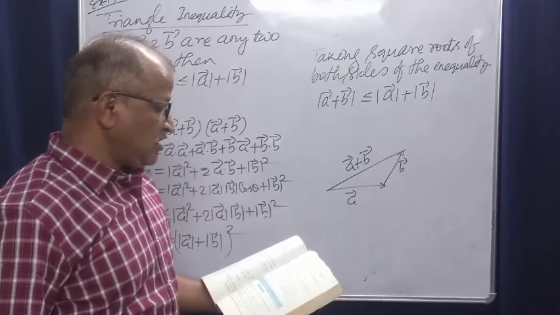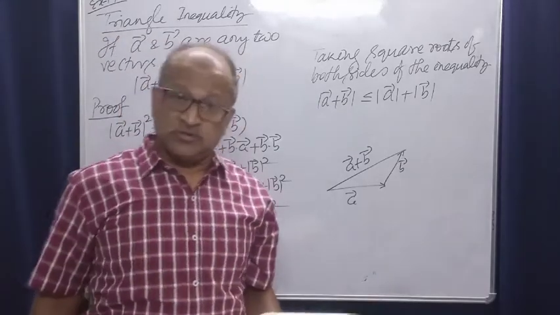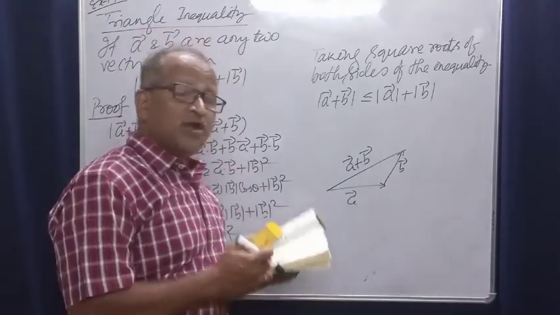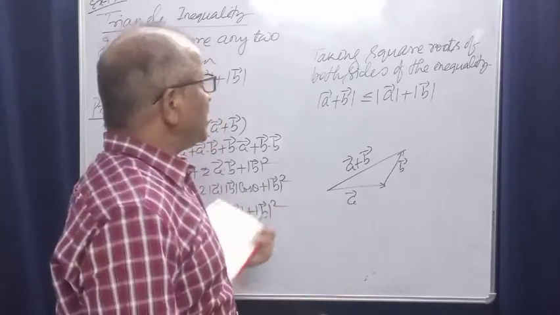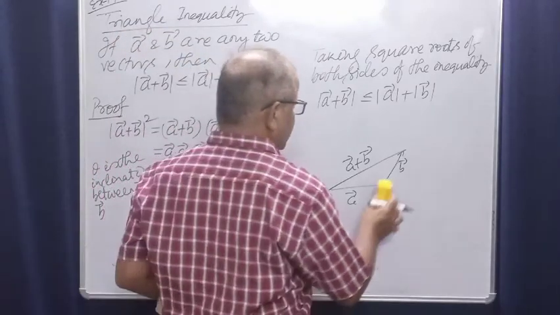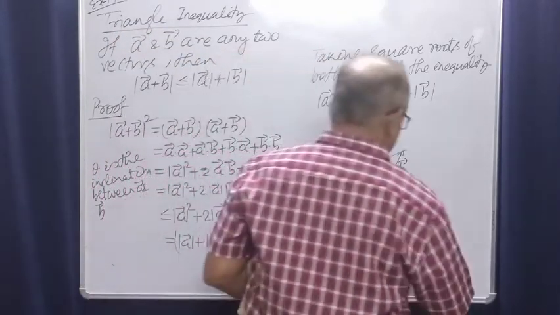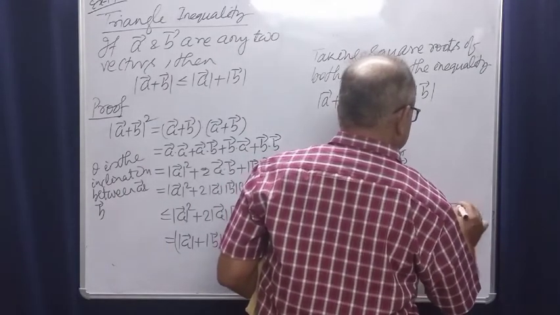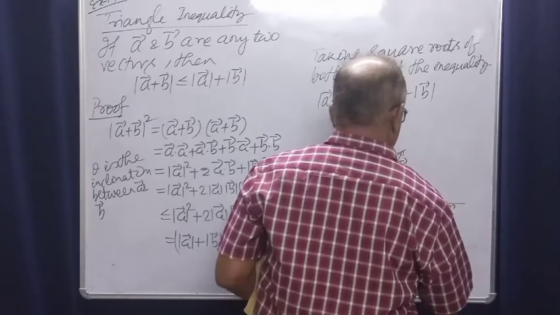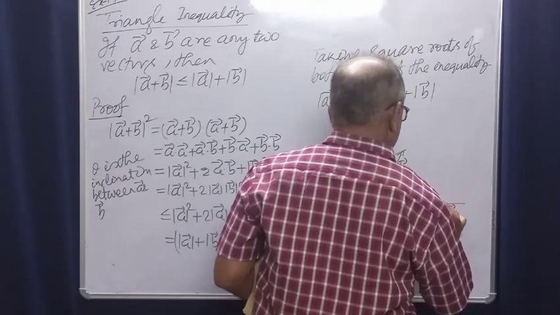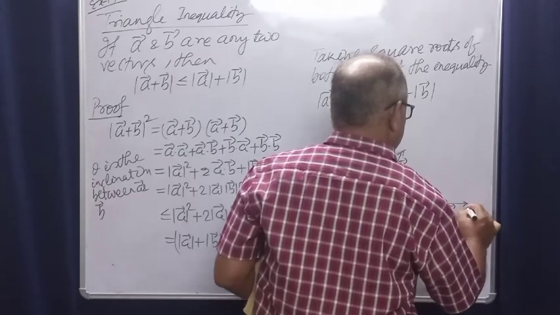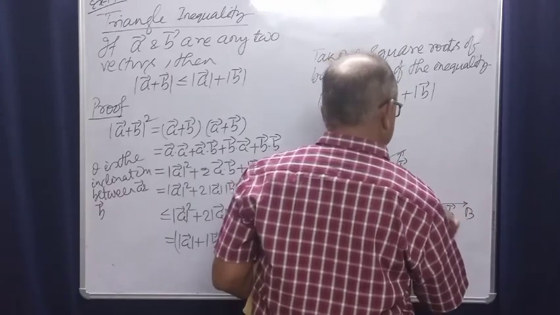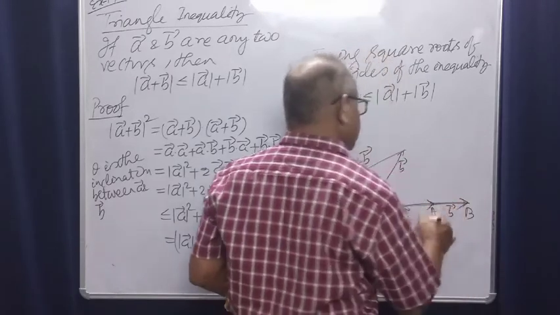Then, when does equality hold? You see, suppose it is O, A here, and it is B, then A plus B will be like this.